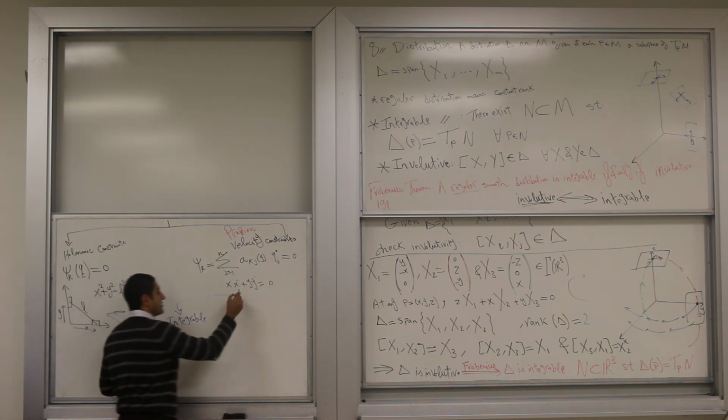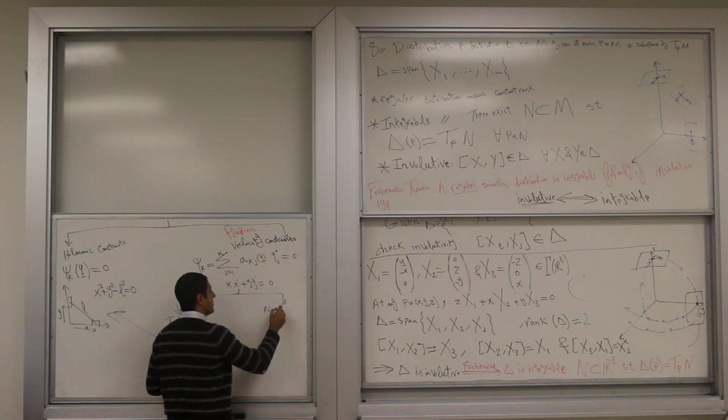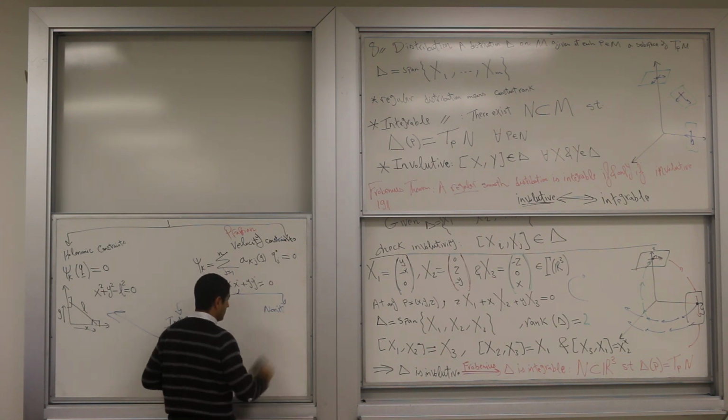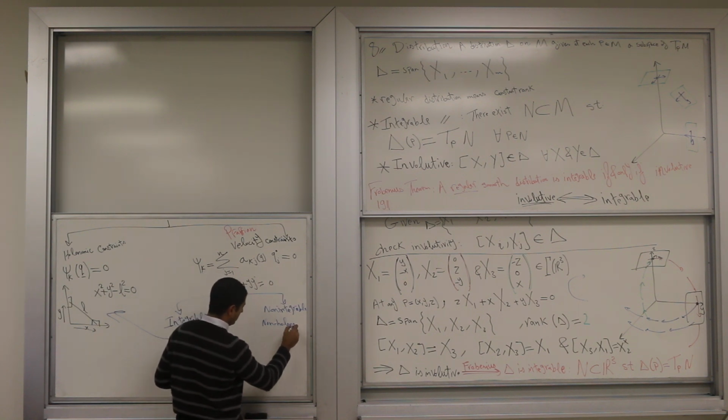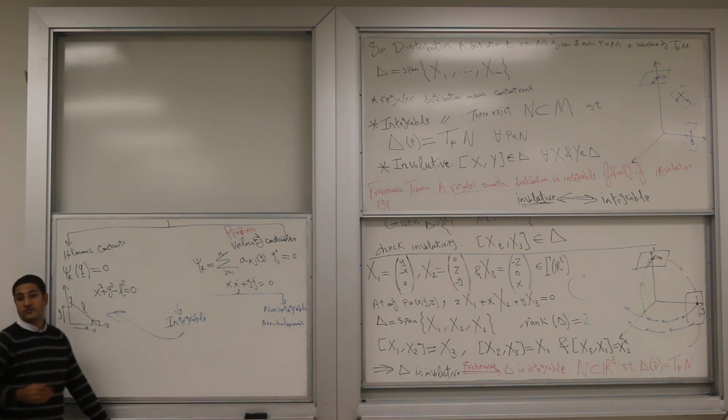But if you cannot, then this is non-integrable. The non-integrable ones are the ones that we know as the non-holonomic constraints. I cannot integrate them anymore to live on a smaller surface. Okay?